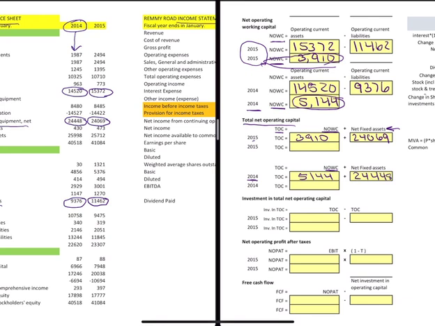Okay, and then when we add those values up, we will get the official TOC for each year. So for 2015, we're going to have 27,979. And for 2014, we're going to have 29,592.